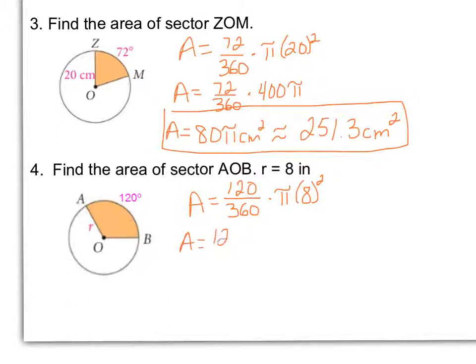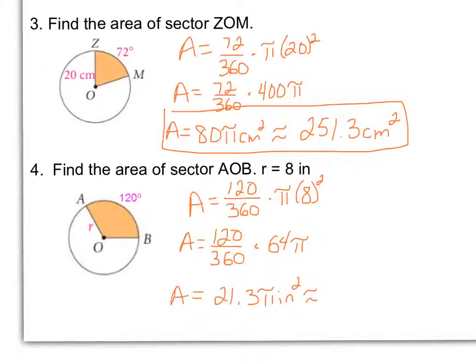Simplifying, we have 120 divided by 360 times 64 pi. Multiplying, we get 21.3 pi inches squared.